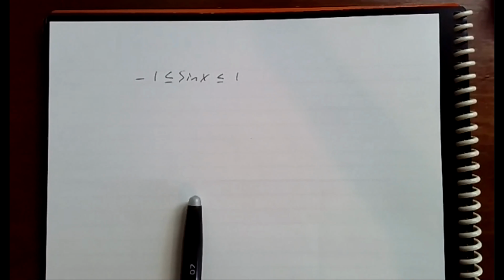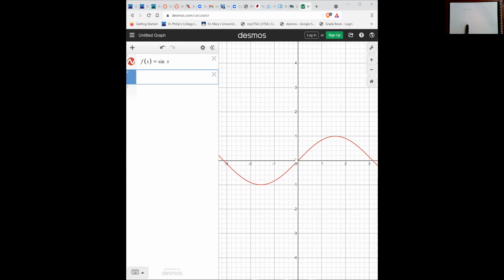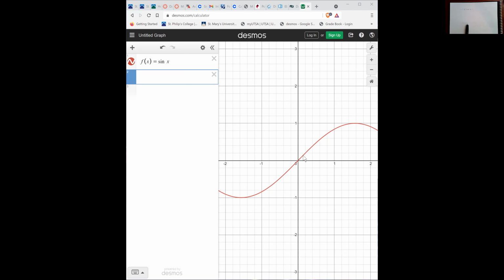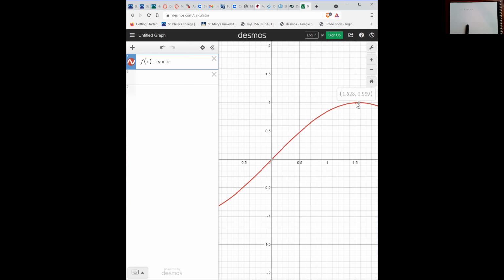And if I were to graph it for you, sine of pi over 2 is 1.